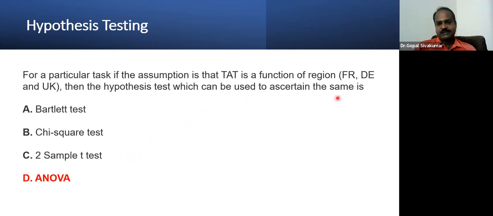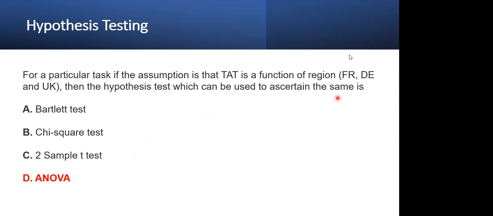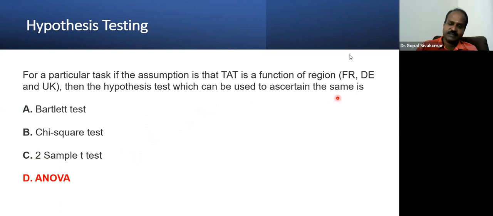Bartlett test is a test of variance. See, we take decisions using statistics, right? Statistics can be average, standard deviation, proportion, variance, sum of squares, range, or median.